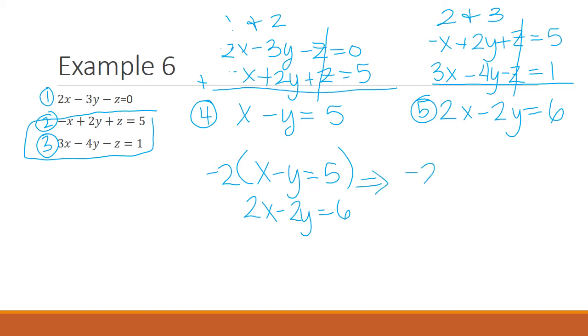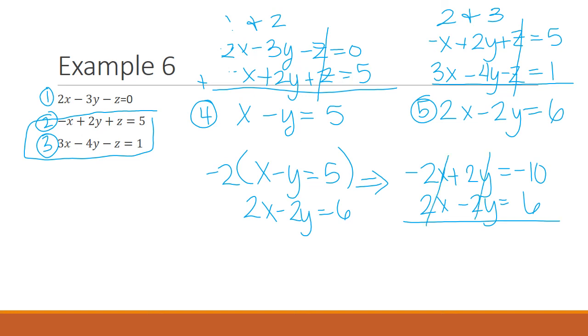So that gives me minus 2x plus 2y equals -10. And then on the bottom, I still have 2x minus 2y equals 6. When I add those together, my x's cancel out and my y's cancel out. So I just have 0 on this side.